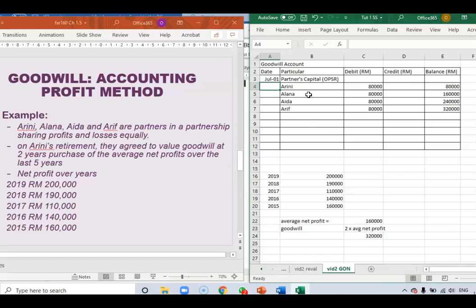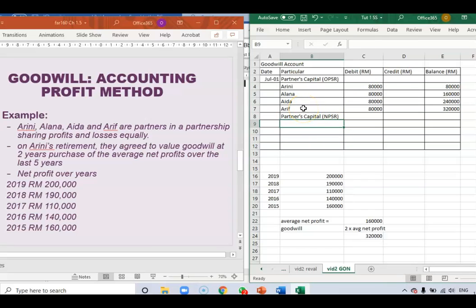The next thing you do is use the partners' capital accounts. However, at this moment you need to use the new partners' sharing ratio.